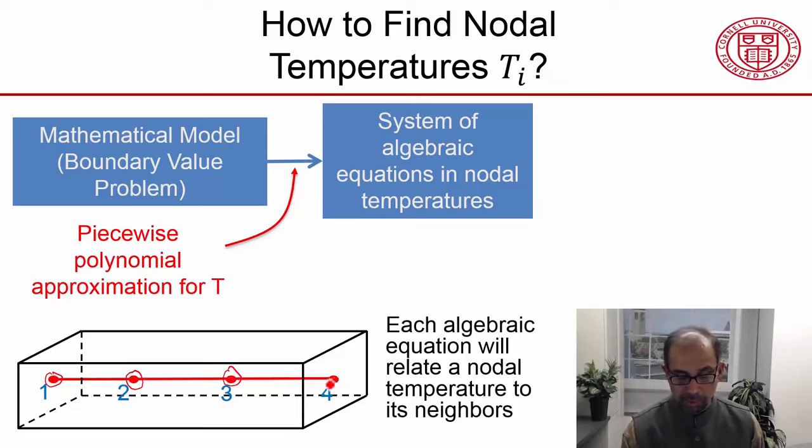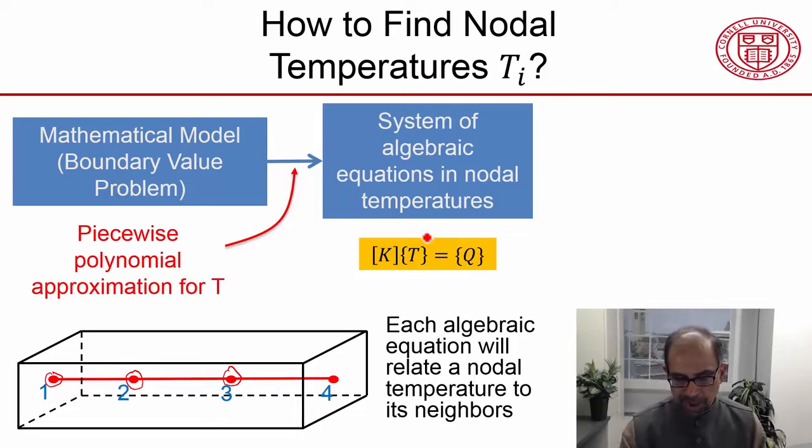It won't involve this temperature, for instance. And this becomes significant as you get more nodes, and so the equations will relate only the immediate neighbors. So we are going from calculus to linear algebra.